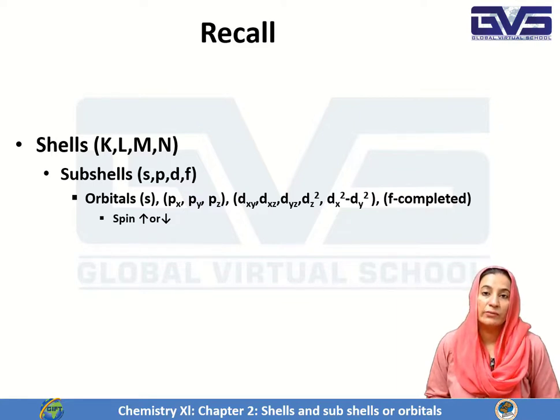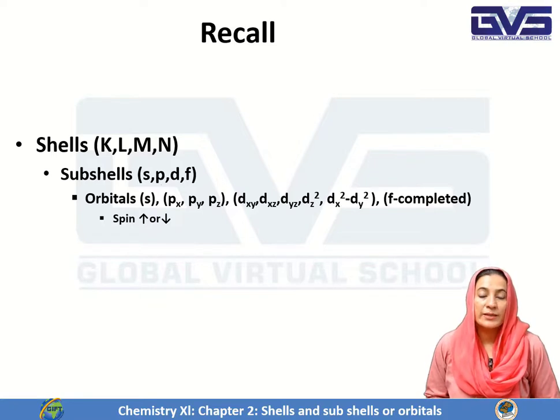S has only one orbital, it means S is the orbital as well as the subshell and the shell. While in the P subshell there are three orbitals, that are Px, Py and Pz, and these X, Y and Z are due to their orientation, and these are represented by magnetic quantum numbers.